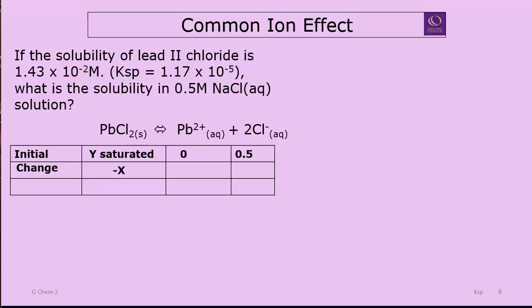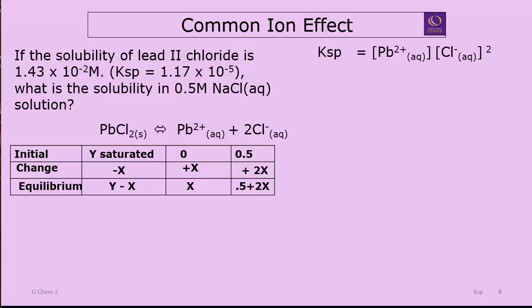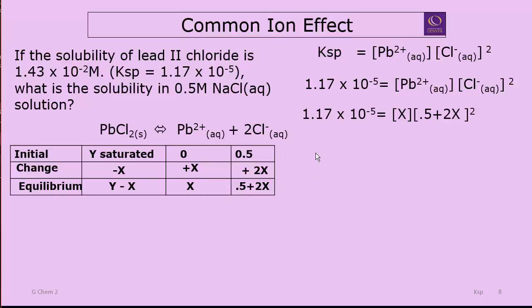Then you go through the change, do the same sort of approach, plus 2x. Then when you're down to equilibrium, right, now it's 0.5 plus 2x. Set up your Ksp, you go to solve, plug in from out of your ICE table. Now at this point it's about to get complicated because you're going to set up a quadratic equation, and you can do that.